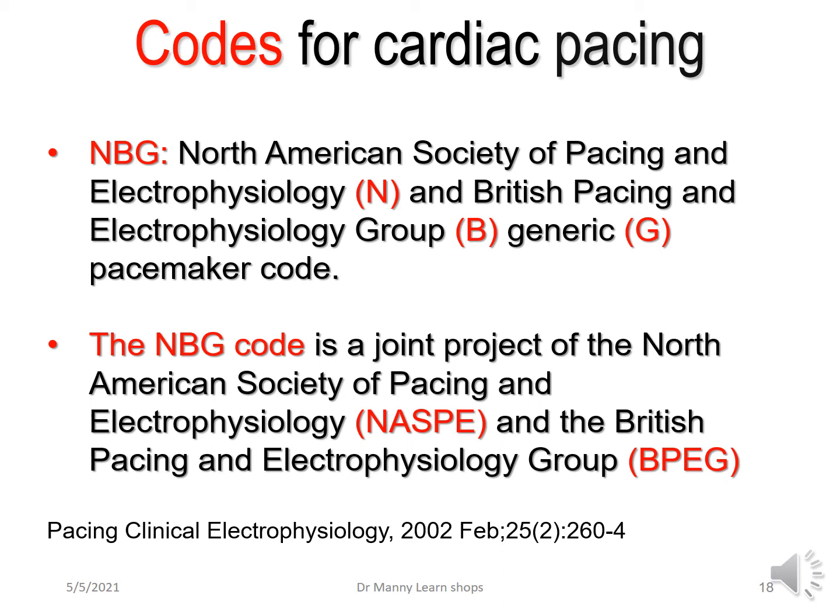When we look at codes that are used for temporary cardiac pacing, we look at the NBG code. The N stands for the North American Society of Pacing and Electrophysiology. The B stands for the British Pacing and Electrophysiology Group, and the G is just the generic pacemaker code.